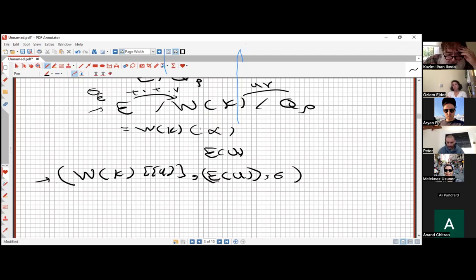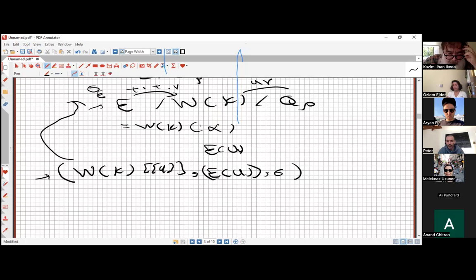This is a prism called the Kisin prism, and as I said, it's a prism that is associated to O_E. Let me be more precise about what I mean by a prism associated to a ring. A prism is basically, if you forget the Frobenius, a pair of A and I.